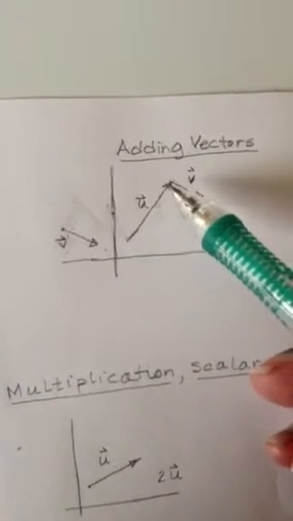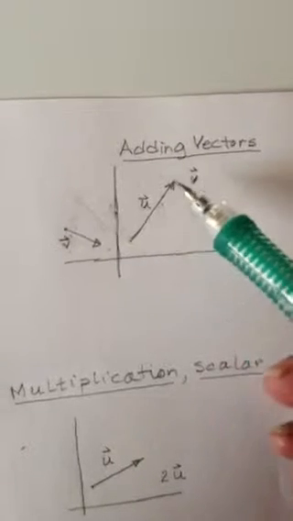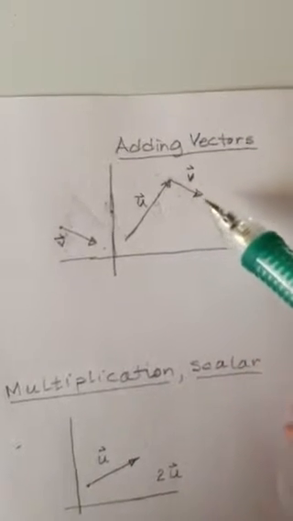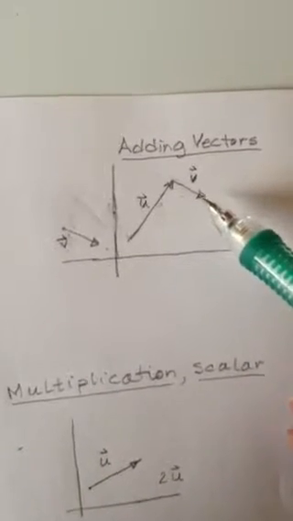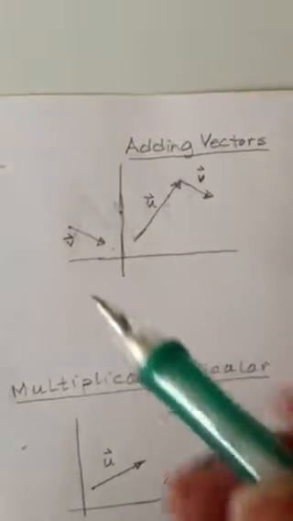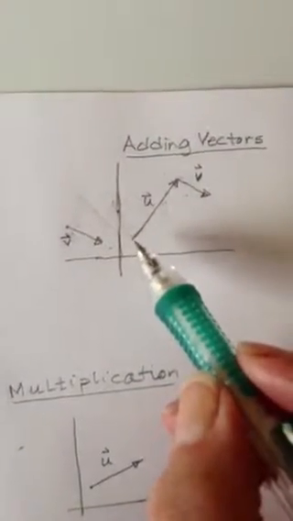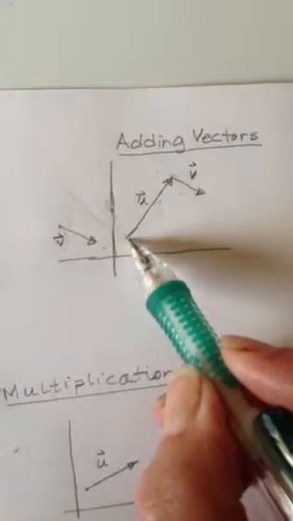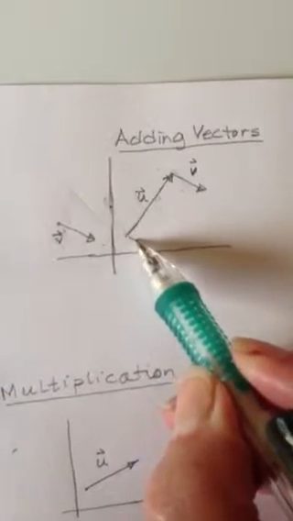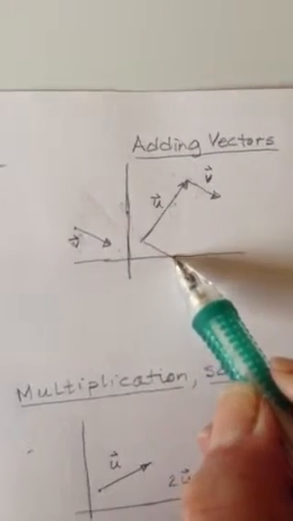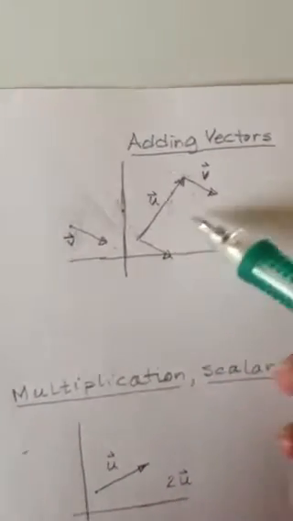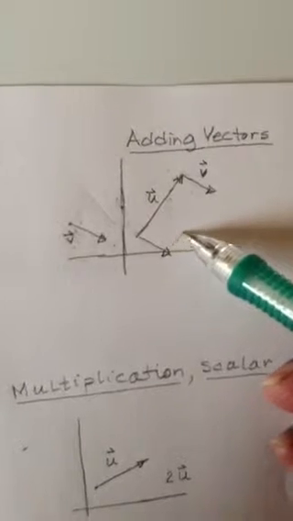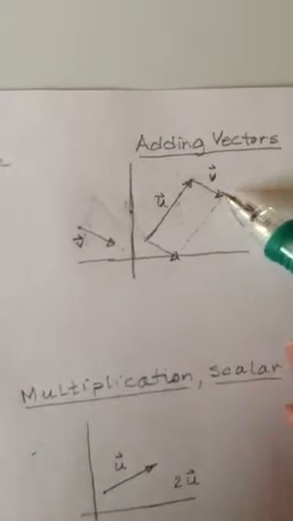You're going to put them head to tail, and then add using the parallelogram method. That consists of making a parallelogram like so.